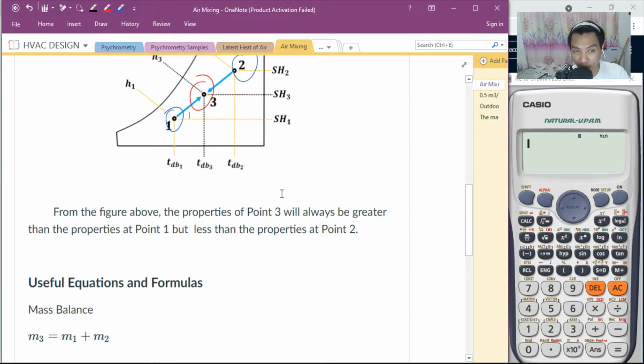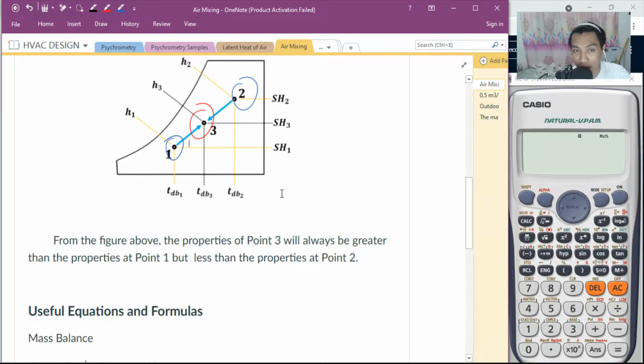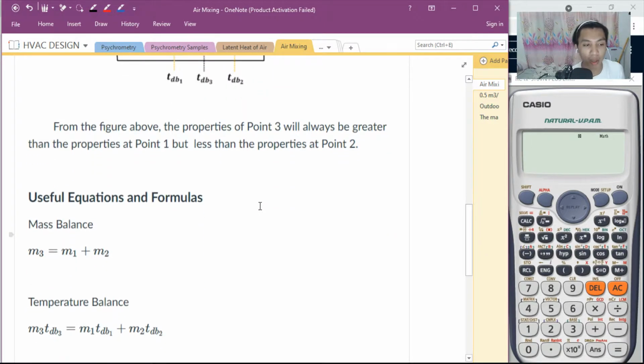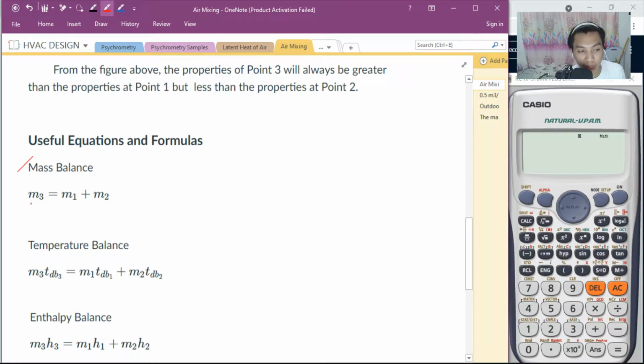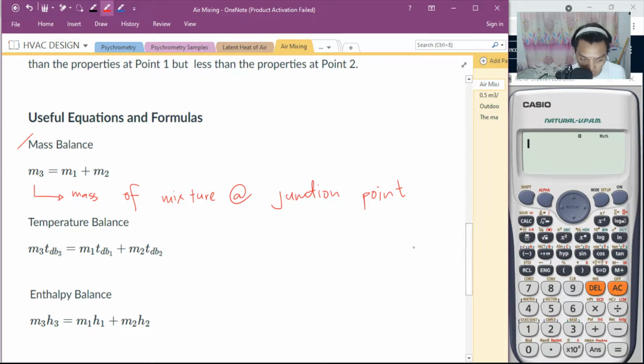Now, for the useful equations, kung hindi nga natin magagamit yung plotting using our psychrometric chart, we will resort with the mass balance, where the total mass of the mixture, and then the temperature balance. You will consider yung mass 3, dito yung total na mixture, temperature of 3, dry bulb.